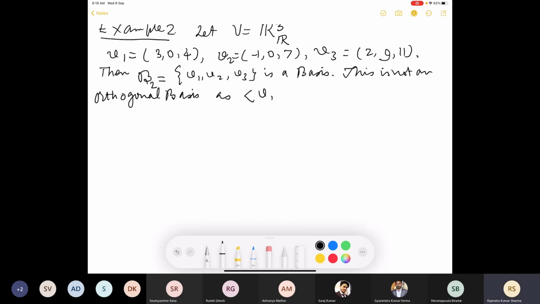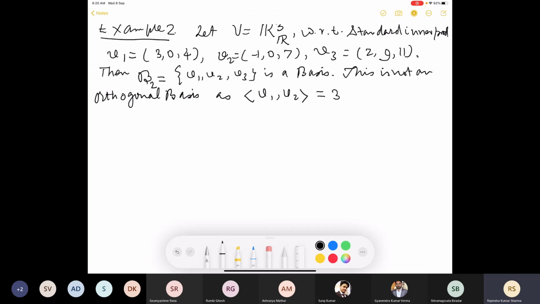As you can take the inner product, for example, of V1 and V2. This is with respect to the standard inner product. The standard inner product here on R3 over R will mean x1 y1 plus x2 y2 plus x3 y3.